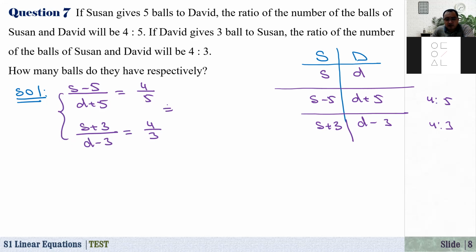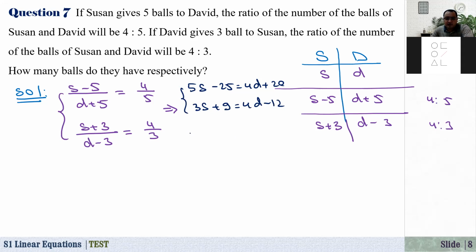Now from here, if I just cross multiply, we will get linear equations. 5 times S, let me just do this directly, 5S minus 25. On the right hand side, 4 times D, it is 4D plus 20. The second equation is 3S plus 9 equals 4 times D minus 3, that is 4D minus 12.